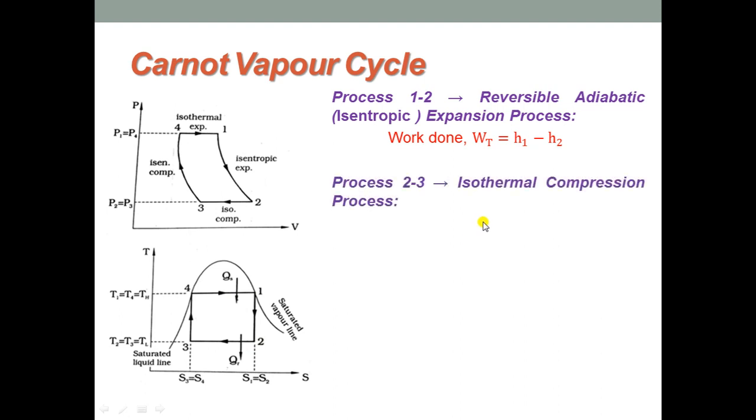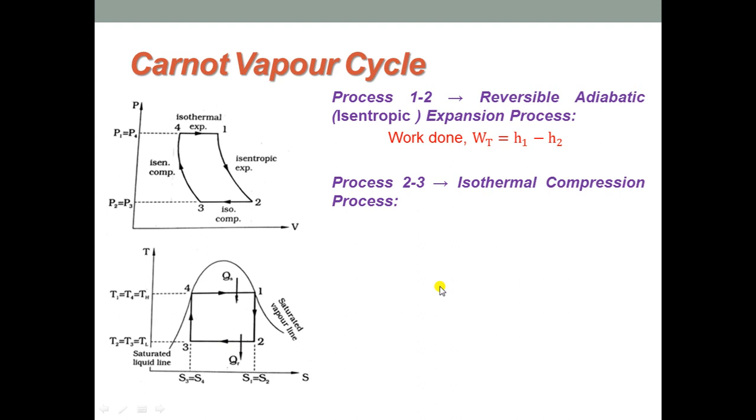The second process is 2 to 3, which is an isothermal compression process carried out from point 2 to point 3. Heat is removed during this process by condensing the steam, and hence it condenses isothermally at constant pressure.